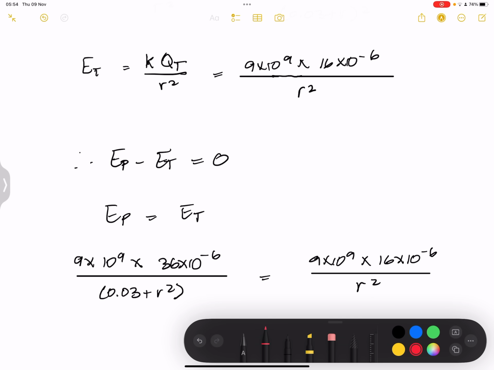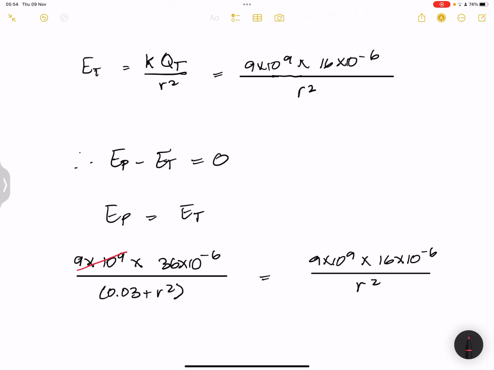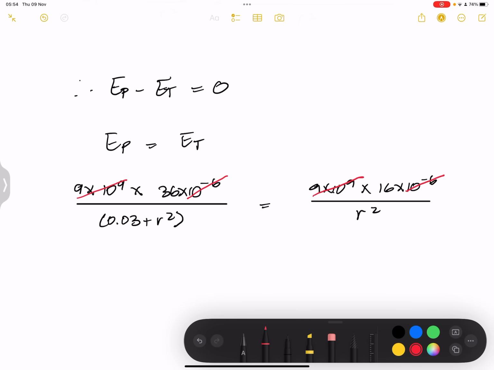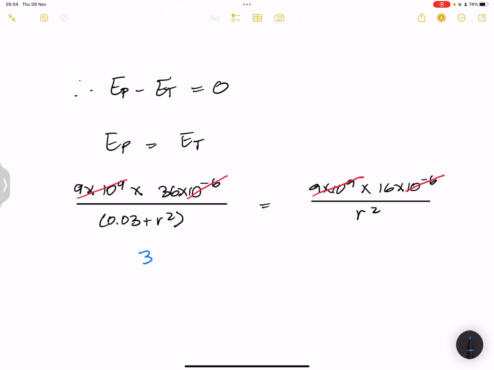If we divide both sides by 9 exponent 9, this will cancel, that will cancel. I can divide by times 10 minus 6 on both sides. So I'm left with two things there, 16 and 36, which I can keep.